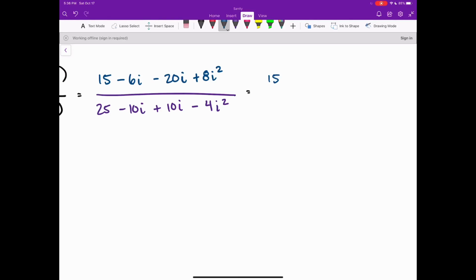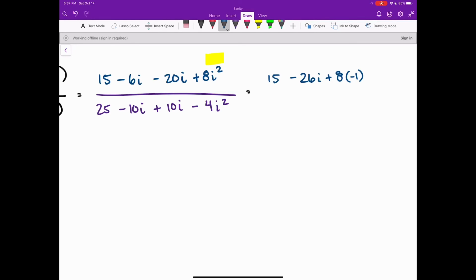The negative 6i and the negative 20i can combine to be negative 26i. Let's look at that last term, which is the positive 8i squared. Again, we know that i squared is just equal to negative 1, so I could even write this as plus 8 times negative 1.